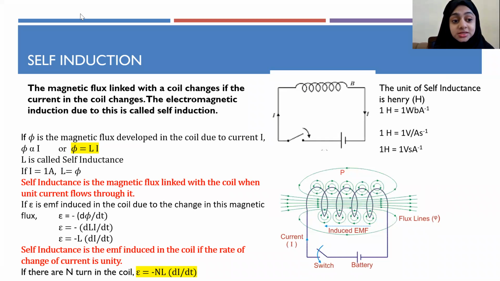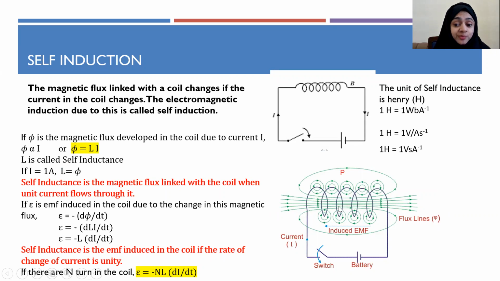So let us see what is self-induction. The magnetic flux linked with the coil changes if the current in the coil changes, as we saw here. The electromagnetic induction due to this is called self-induction. So here you can see a figure, again with a battery, a switch, and a coil of wire, in which the current I is flowing in this direction when the switch is on.